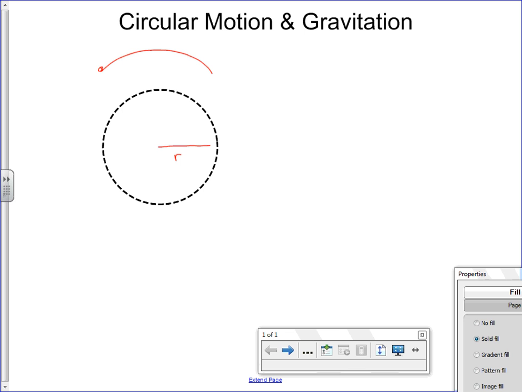Make sure you can identify the fact that the velocity at any instant is tangent to the circle.